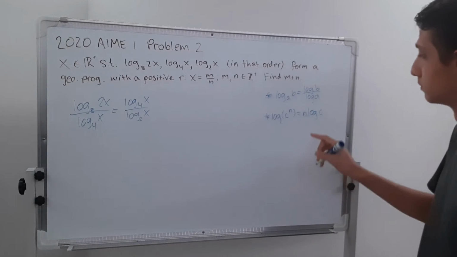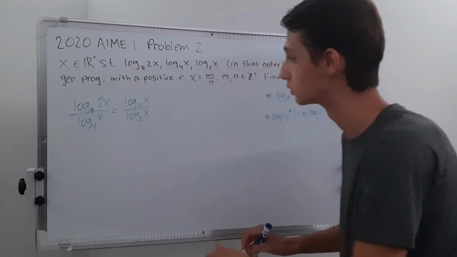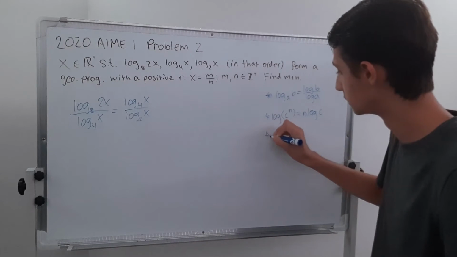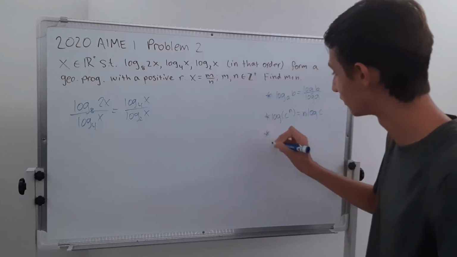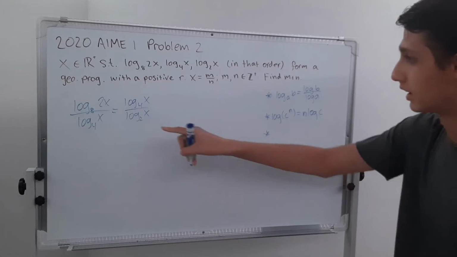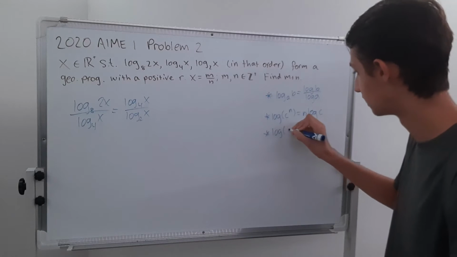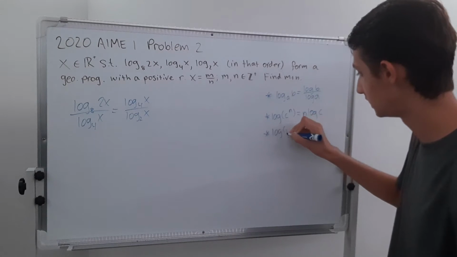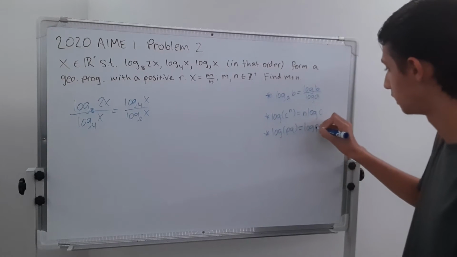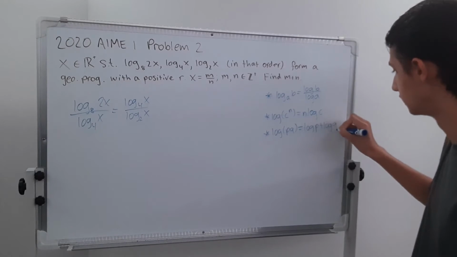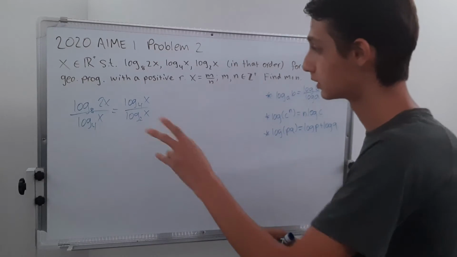That's useful with 8, which is 2 cubed, and 4, which is 2 squared. The third fact is that the log of a product p times q is log p plus log q. These are the three properties that will help us solve this.